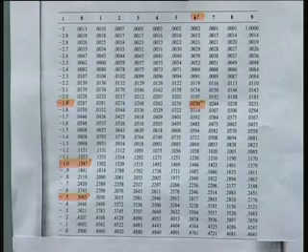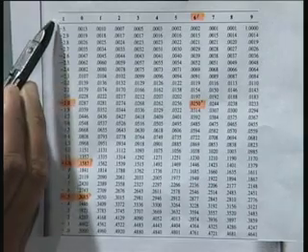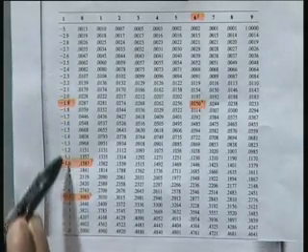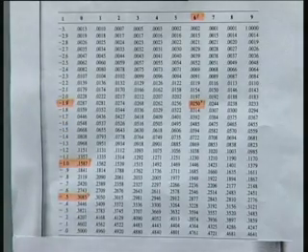So, we have to find the value from the table, and here is the table. This is the table for the standard normal distribution function. Now, in this table, here are the values of z for which we are writing the distribution function F z. And what is the value of that?